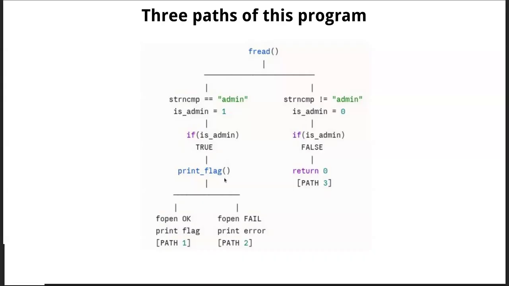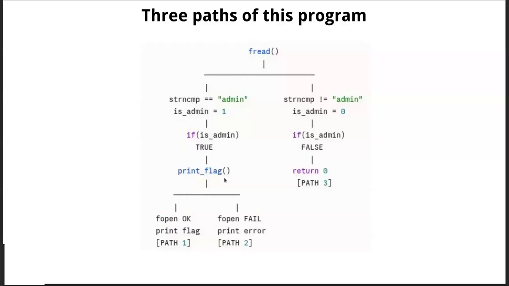Only 3 paths, right? The first path: at the beginning of the main function, go to F3, then it has atomy, then it opens the flag file successfully. That is 1 path. After this, it will go back to the main function and return, to the end of the main function.